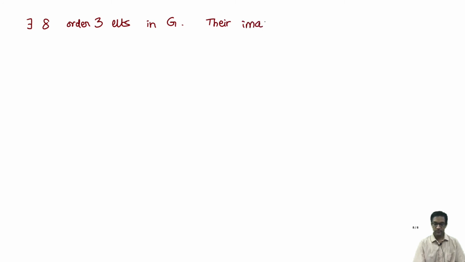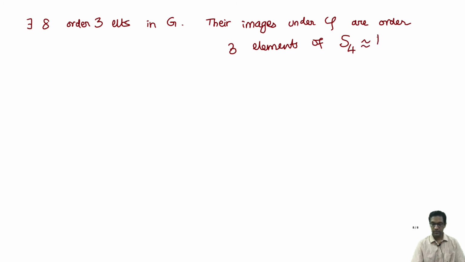Okay, they are now order 3 elements of S4, which is the permutations of X. So I am trying to understand what the image looks like. I know at least this much, that the image has these 8 order 3 elements, okay.